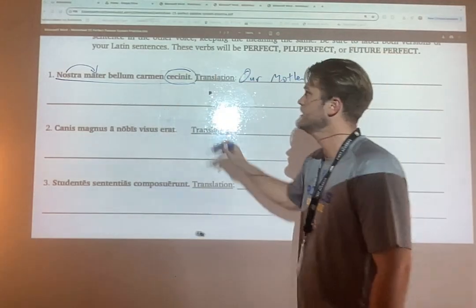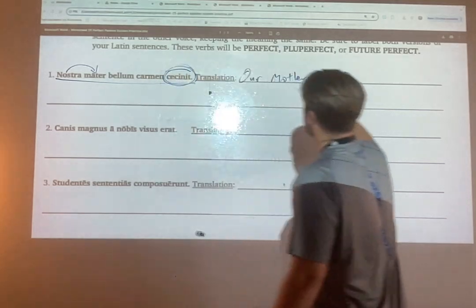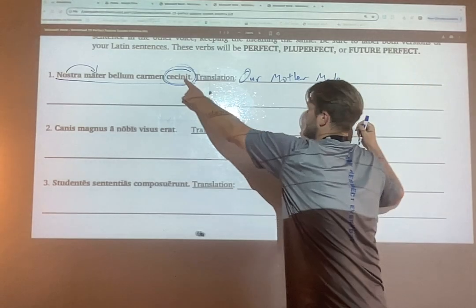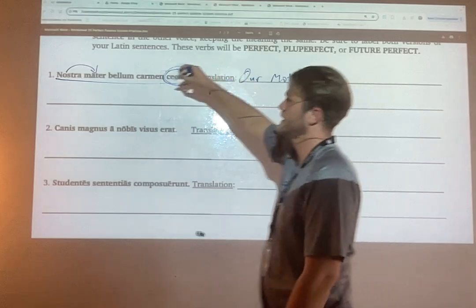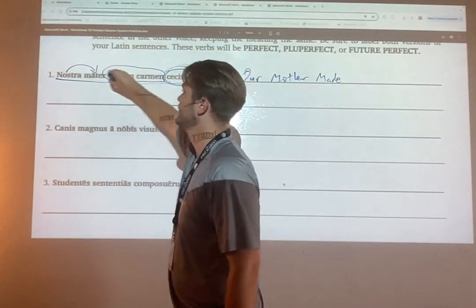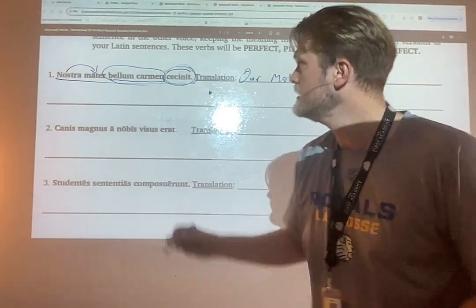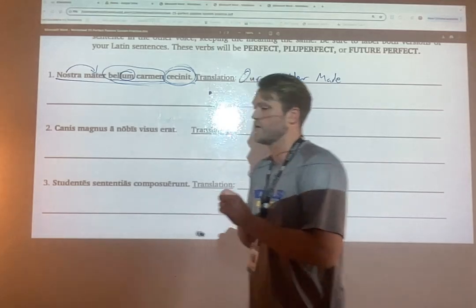That's what it really means. To sing, create, make. So our mother made, it's perfect active, because it's that third principal part of the verb, made a beautiful song, bellum carmen. And bellum is a word that means beautiful, and this is, of course, the ending going with carmen.